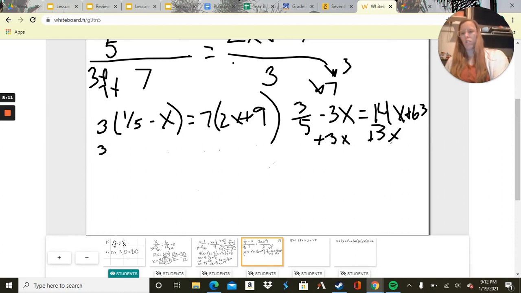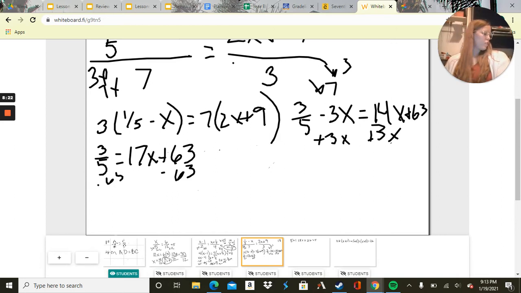So we get 3/5 equals 17x plus 63. We're going to subtract the 63, and we're going to put it right away into that improper fraction.